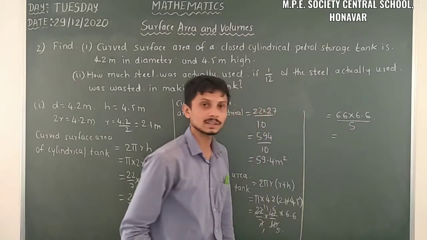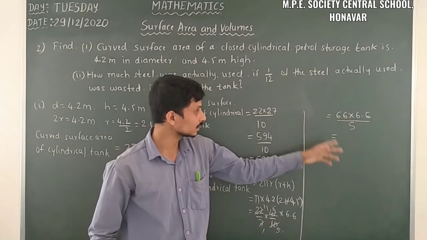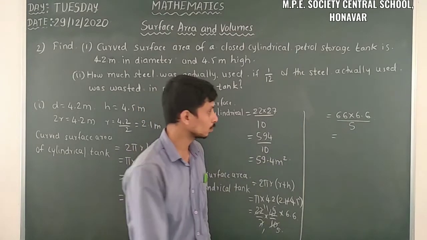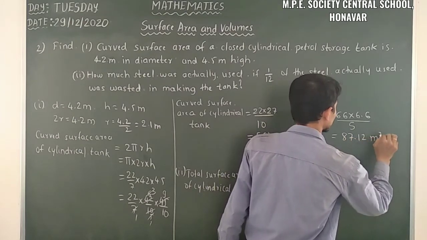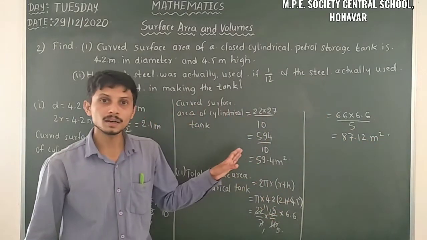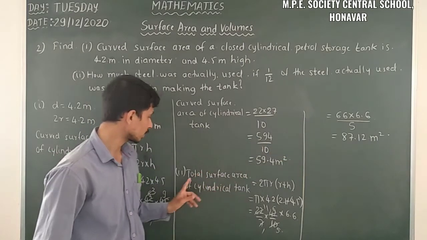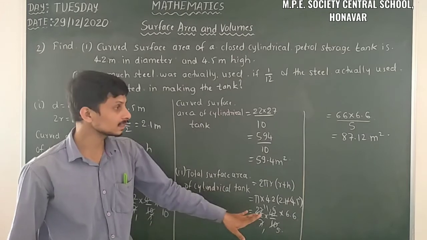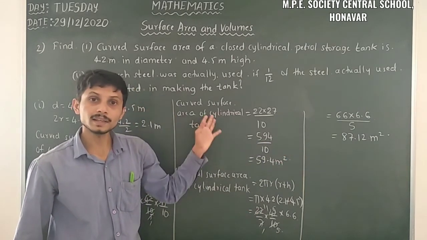You can calculate this, or cancel 11 by 11 like this. So the answer is 87.12 meter square. So the actual surface area of that tank is 87.12 meter square.